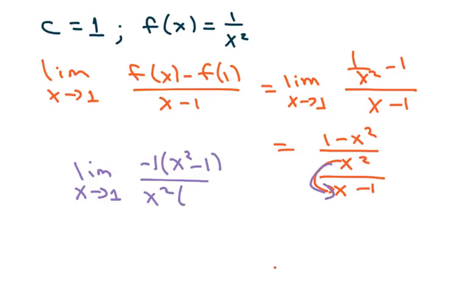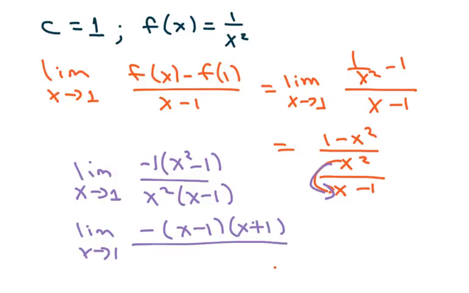Should have learned that in pre-cal. And we know that this can be factored, so we have the limit as x approaches 1 of negative x minus 1 times x plus 1 over x squared times x minus 1.